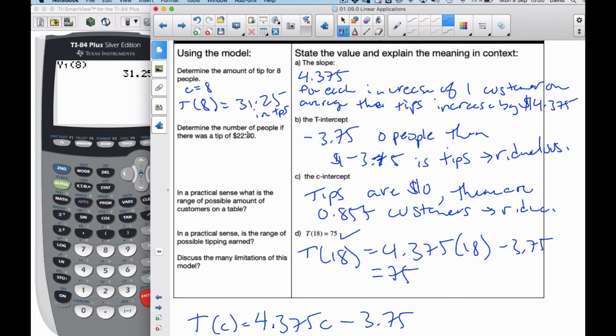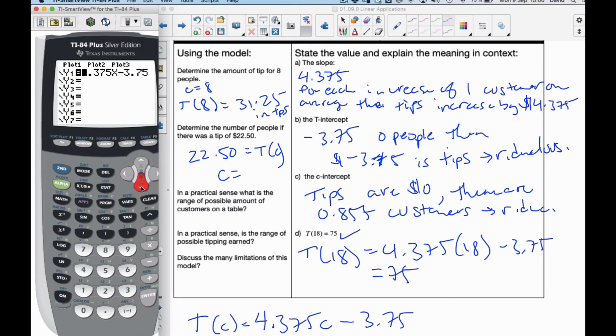Similarly, to determine the number of people if there was a tip of 22.50. So that means 22.50 is the tip. I want to find t at c. I want to find c. In order to do this one, if I go to Y equals, I'm going to make this 22.5. I'll look at my window. I go 0 to 10.